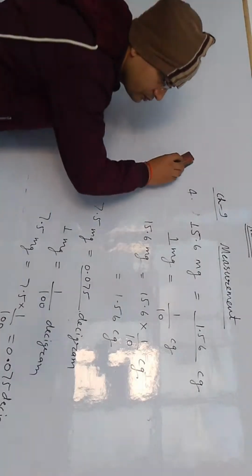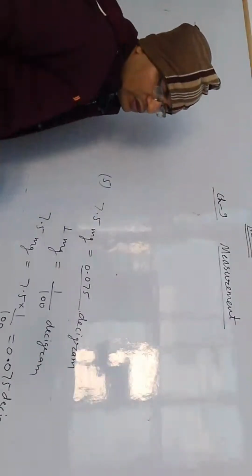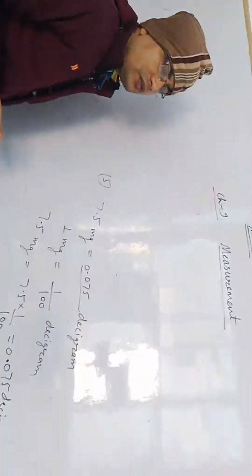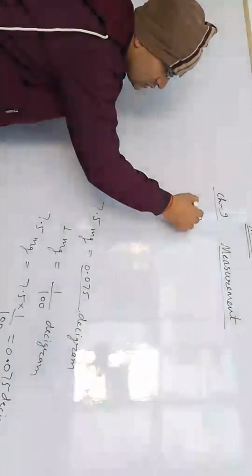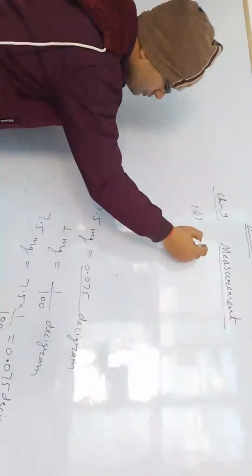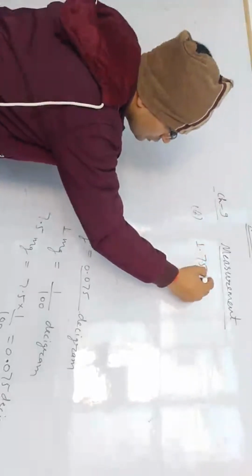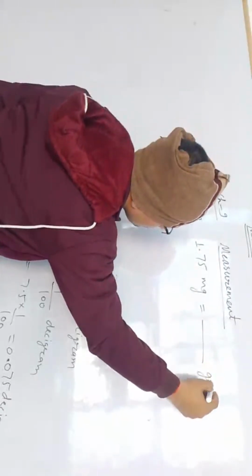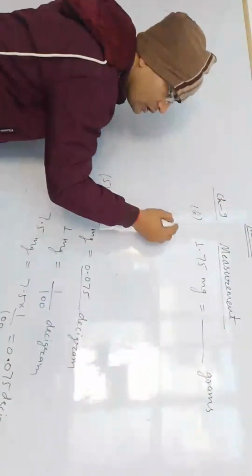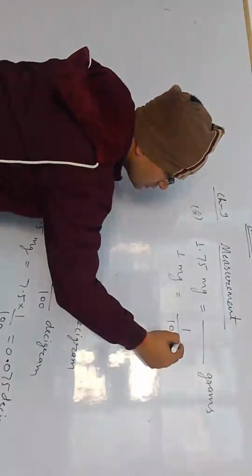Next question. This is random questions, students. It is not from your textbook. 6. 1.75 milligram is equal to how much grams? Okay. We know that 1 milligram is equal to 1/1000 grams.